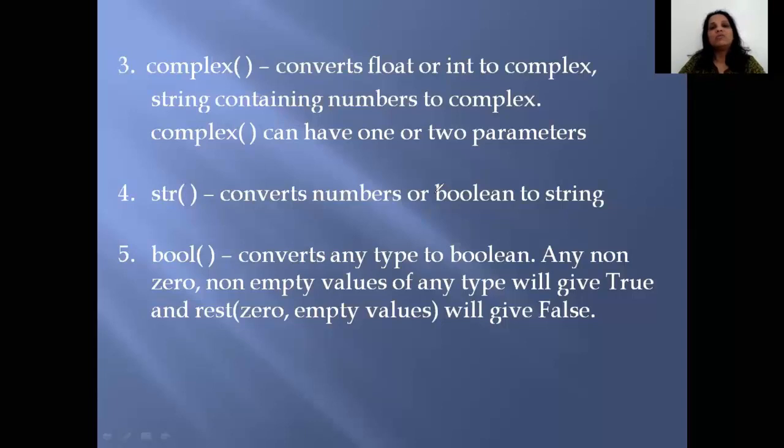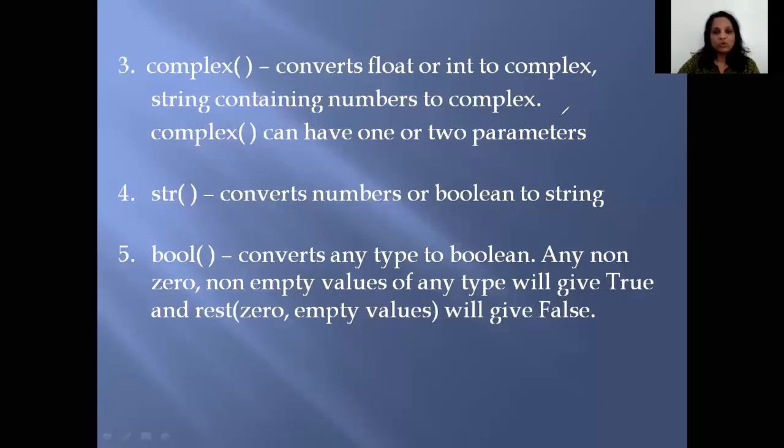And the last function is called bool. What does the bool function do? Now we know, it converts to boolean. But you're wondering, how can you convert a number to a boolean? Because boolean stands for true or false. We have also learned that all non-zero numbers are always treated as true, and all zero or empty values are going to be treated as false.